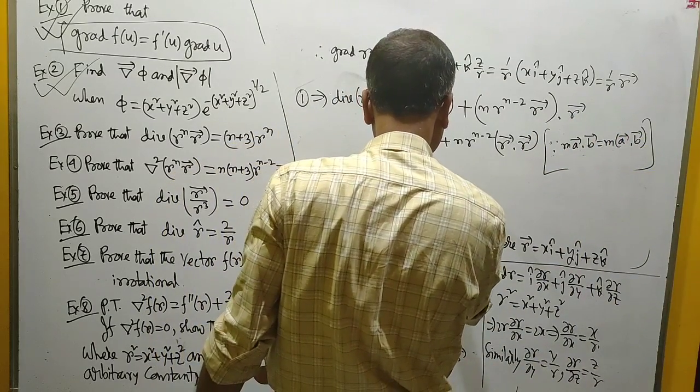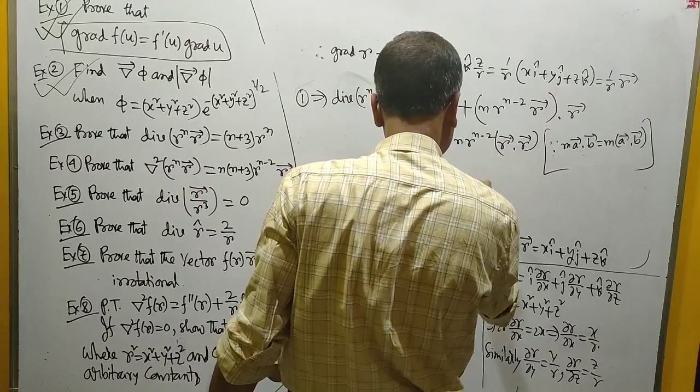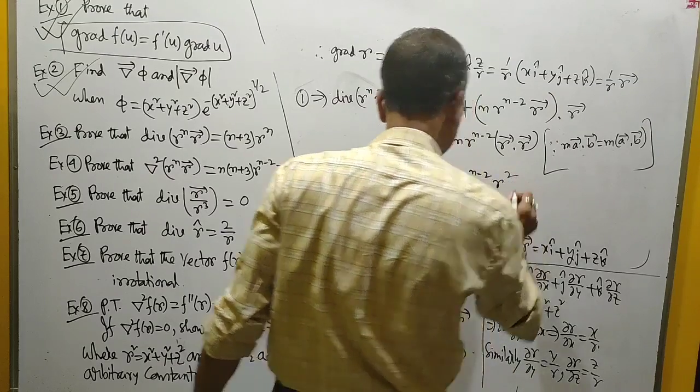This is equal to 3 r to the power n plus n r to the power n minus 2, and r dot r is nothing but r square.